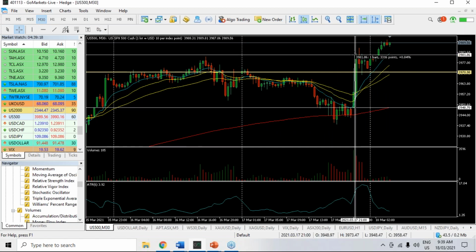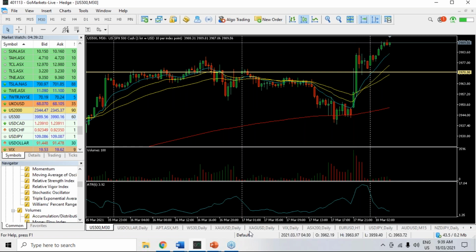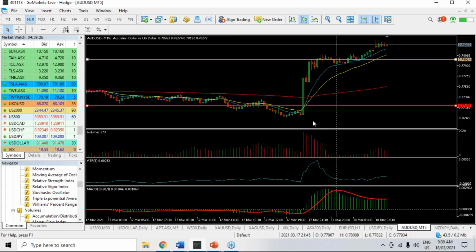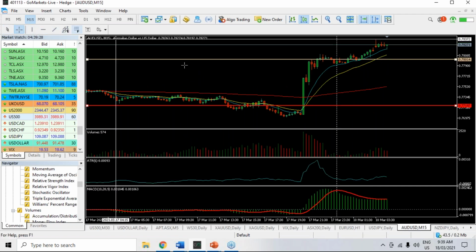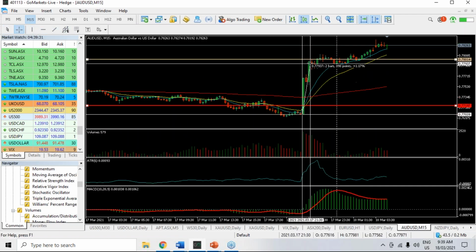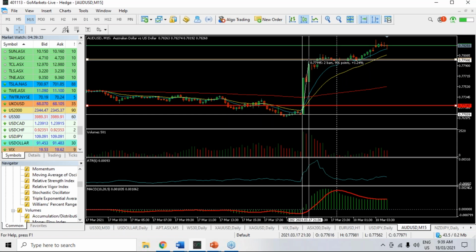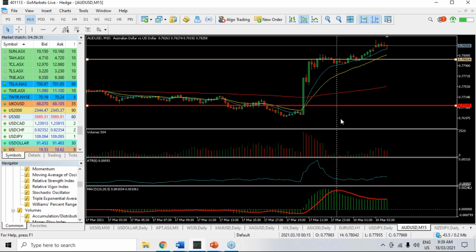So up nearly 1% on the back of that, and by market close, looking very well. And if we look at what happened to some of the currency pairs, let's look at the Aussie dollar US. So in the same time period, we moved up 95 pips within 45 minutes. So you can see how popular that was.